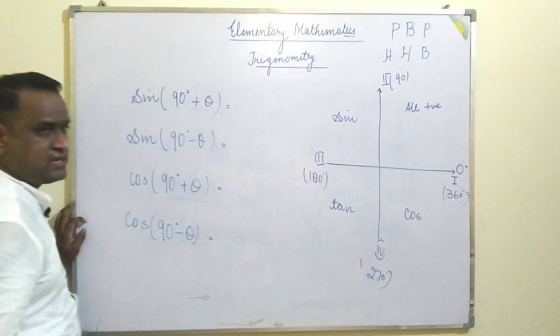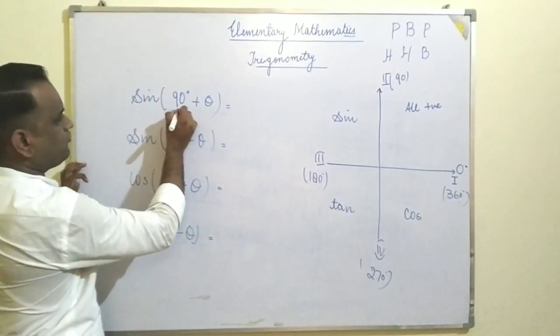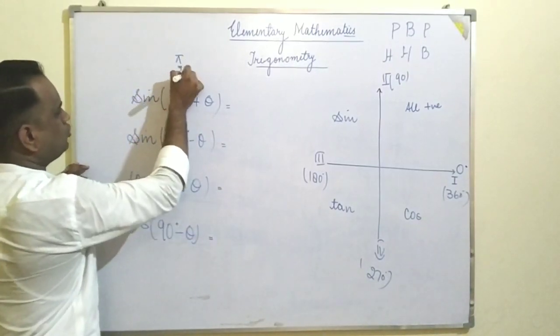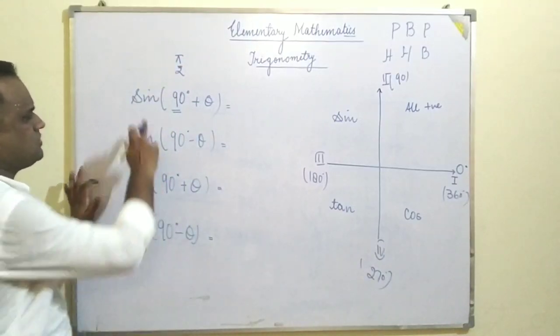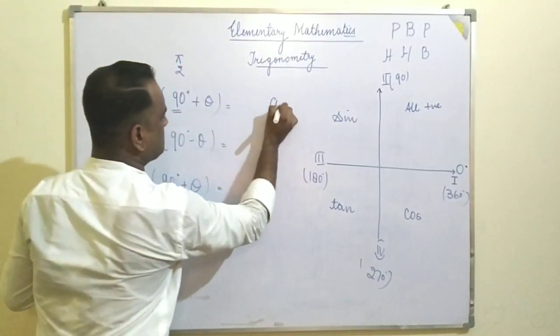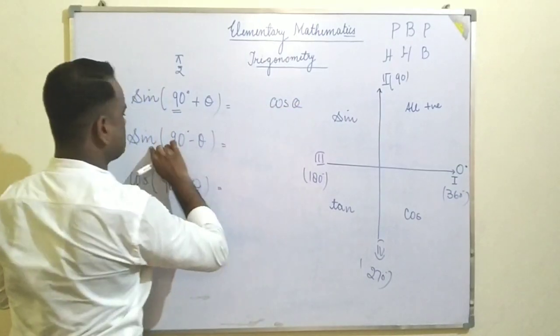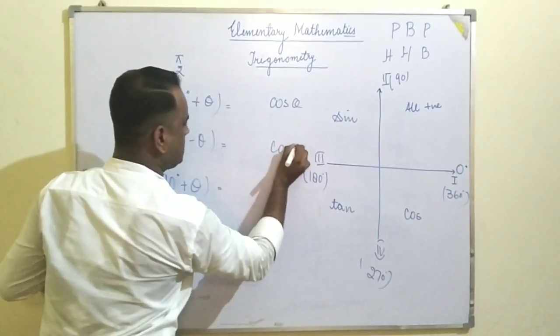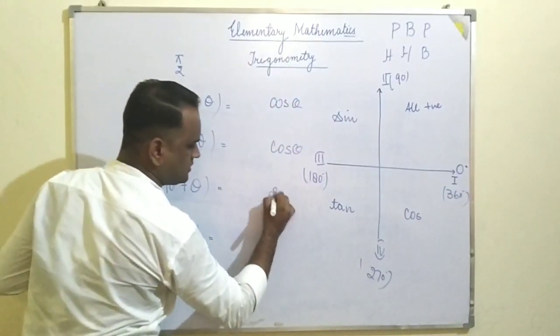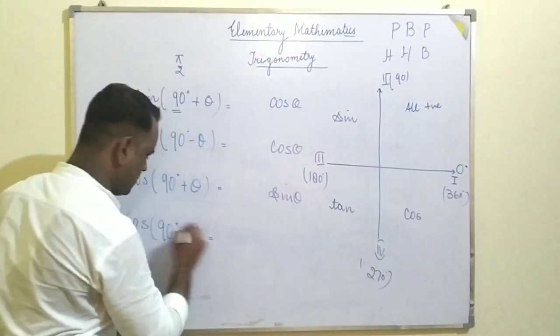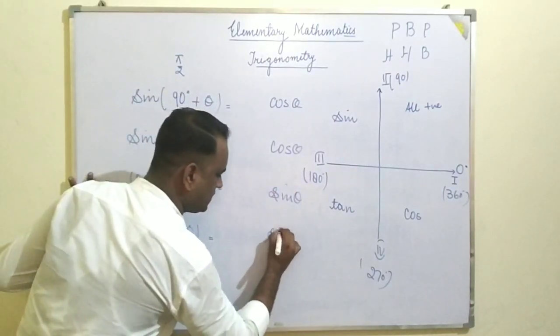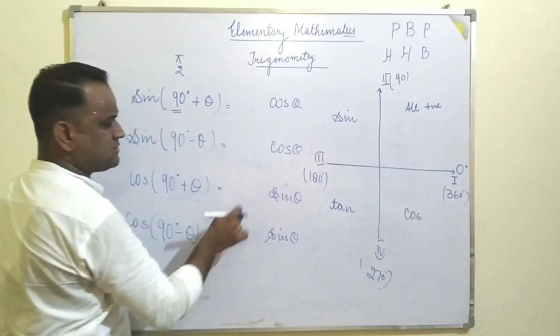As we are seeing, the transition is from pi by 2, so things change. Sin becomes cos theta, sin becomes cos theta, cos becomes sin theta, and here cos again becomes sin theta.